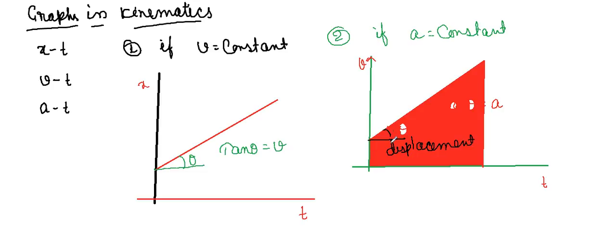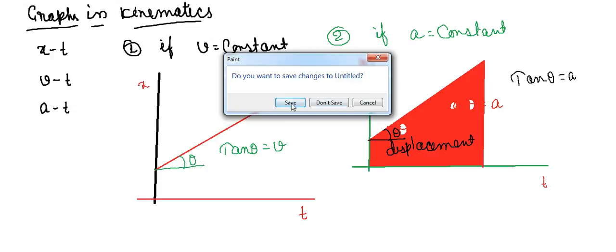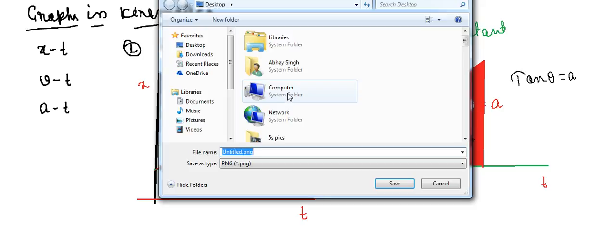So this theta, meaning tan theta, will give acceleration, and area will give you displacement in case of velocity time graphs.